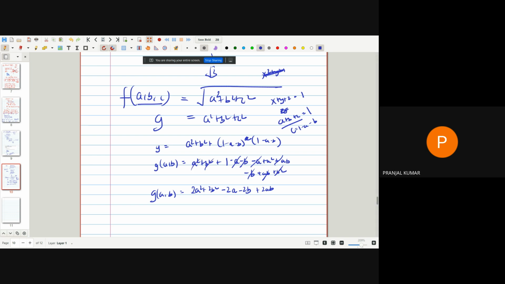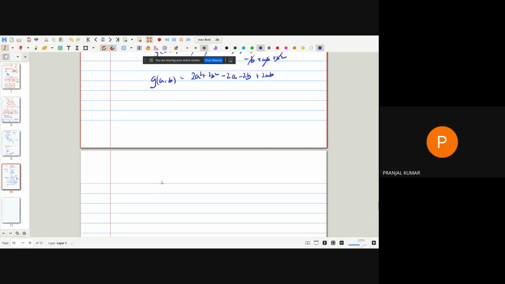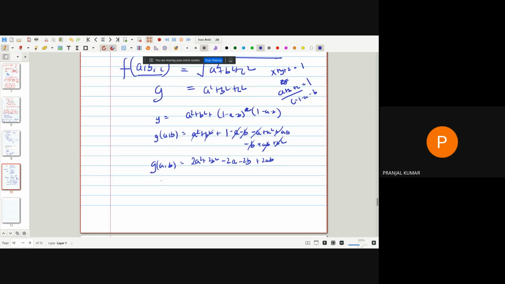Yeah, so we have written everything. Now what you can do is equate the gradient vector function to 0, 0. So this would be differentiated partially with respect to a, then with respect to b.